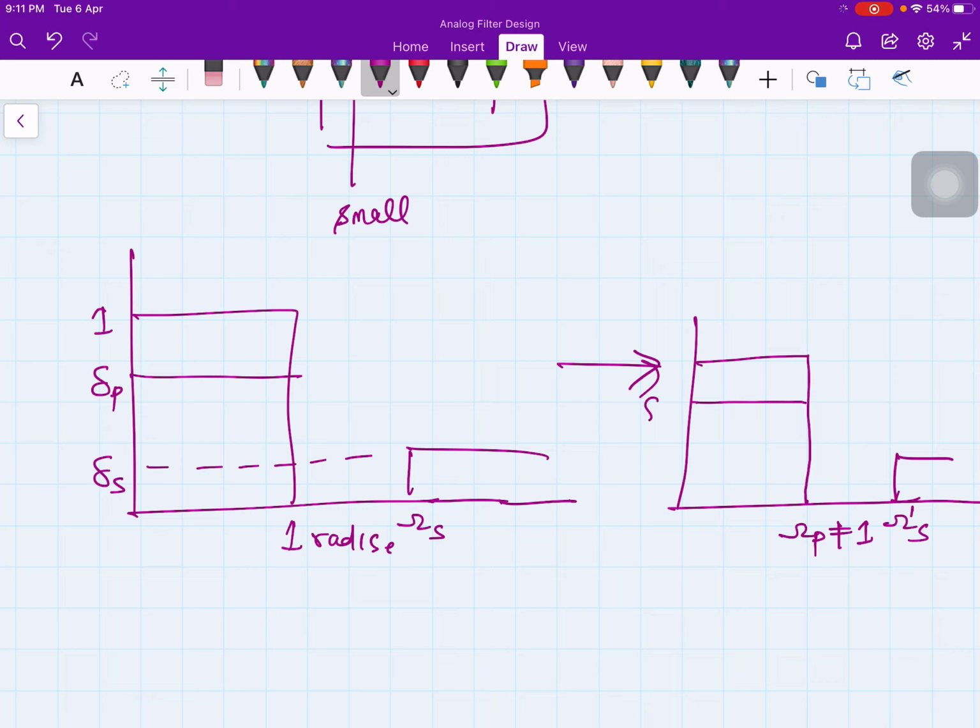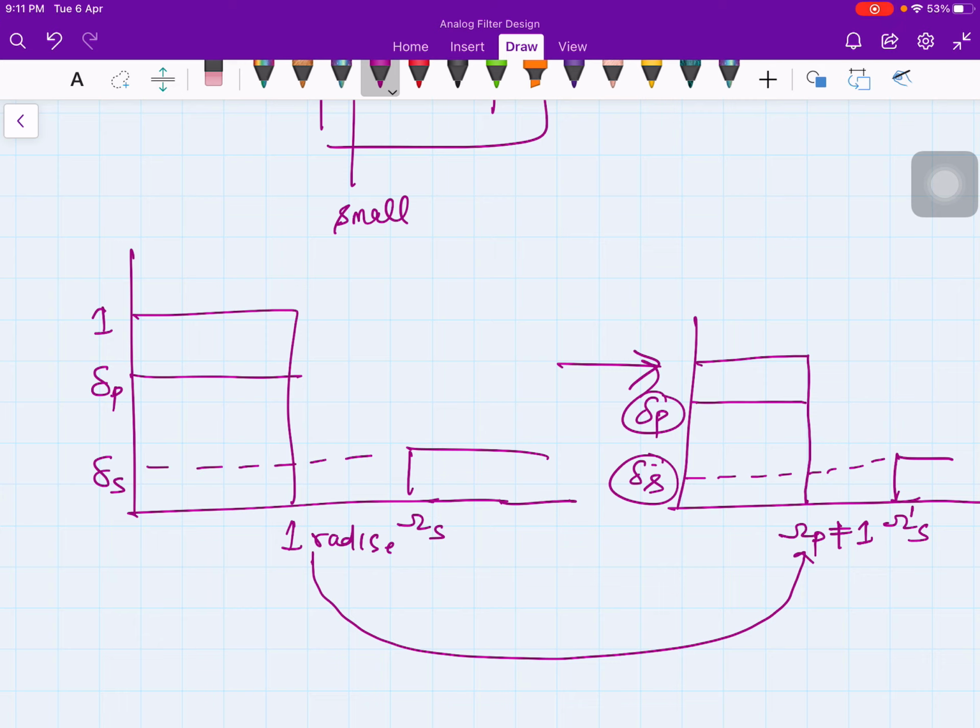So there is no change in delta p and no change in the stop band attenuation. You are not supposed to touch the delta p and delta s. If you over satisfy, well and good, no problem. But the only change is you are transforming this 1 radian per second to omega p, where omega p is not equal to 1. And this omega s you are transforming to some other frequency. That's it. So this is normalized low pass filter into a low pass filter.